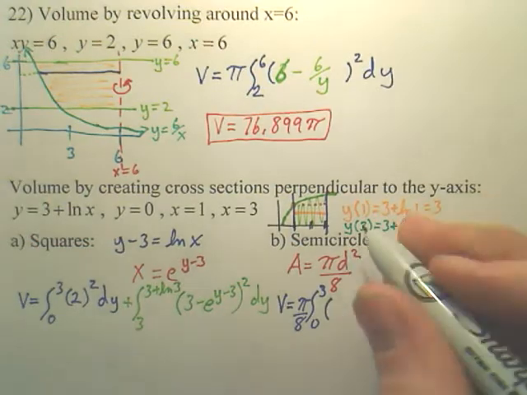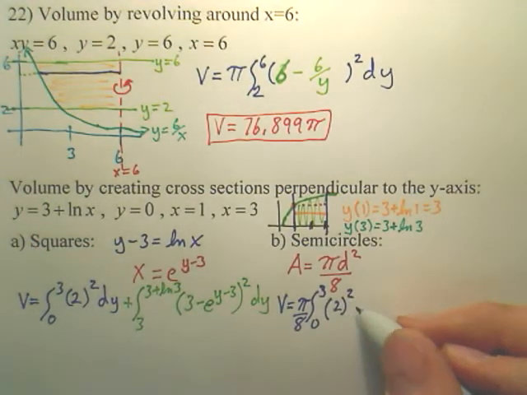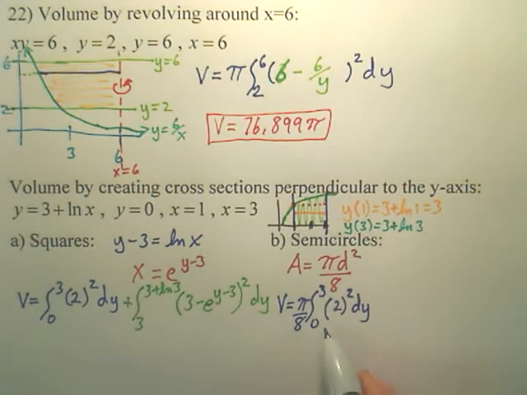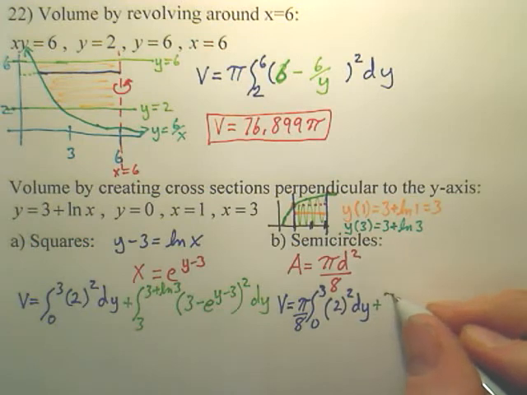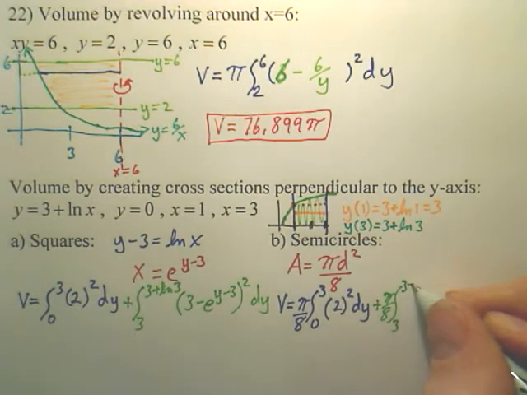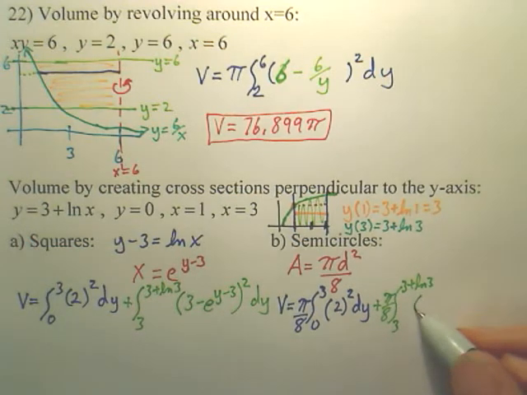And isn't the diameter, again, 2 from 0 to 3? Deja vu. It's just you have a pi over 8. And this one will be plus the pi over 8 again, from 3 to 3 plus ln 3. And will it be the same function? Yeah. And do you square it even?